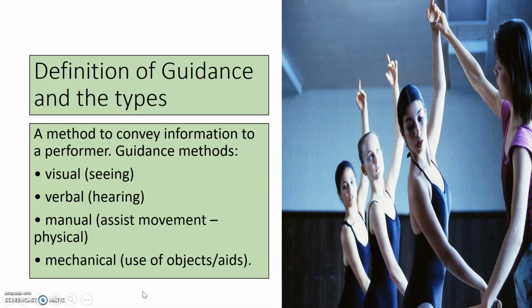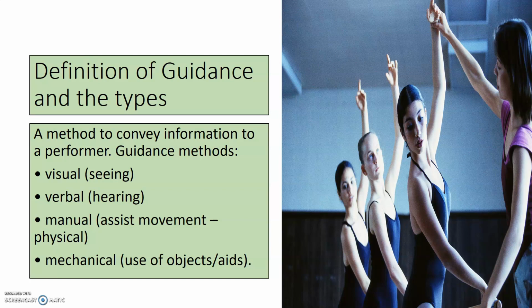First and foremost, we need to know what each type of guidance is and a definition of guidance. When we're looking at guidance, we're talking about a method of putting across information to a performer. We've got four types of guidance in regards to how we put that information across. We can do that visually, through things like seeing, demonstrations, as we'll go on to talk about in a minute.